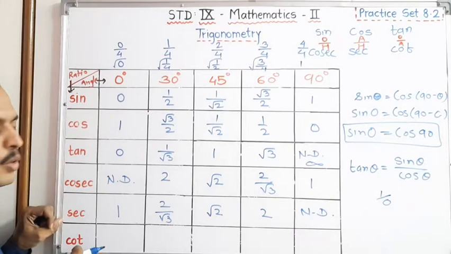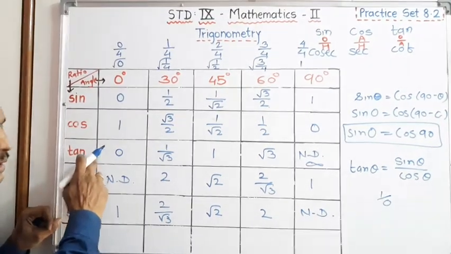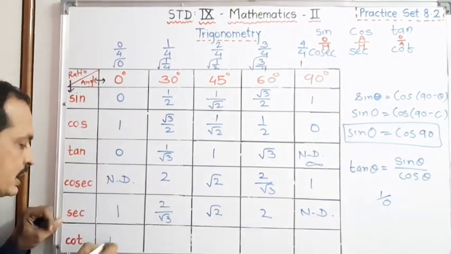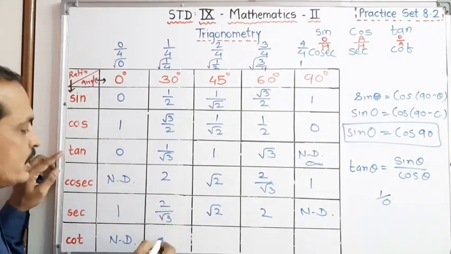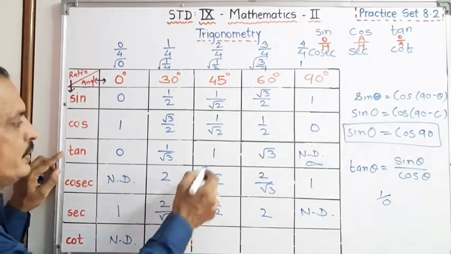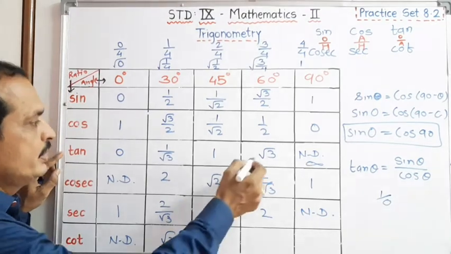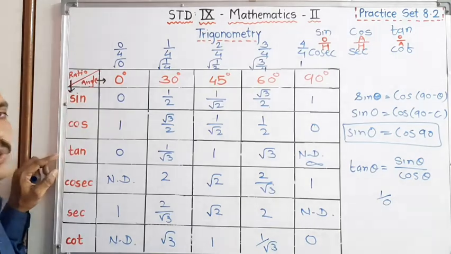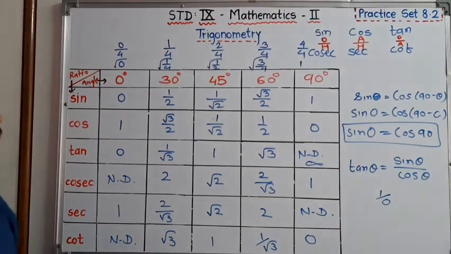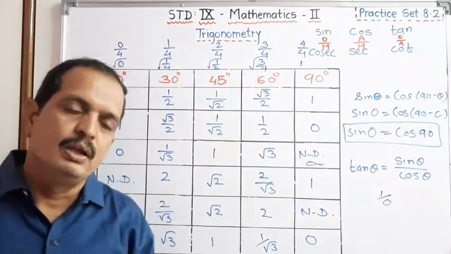Now cot is an inverse of tan, therefore it is 0 inverse, that is not defined or infinity. Then it is root 3, it is 1, here it is 1 upon root 3, and here it is 0. In this way, dear student, we completed this table.